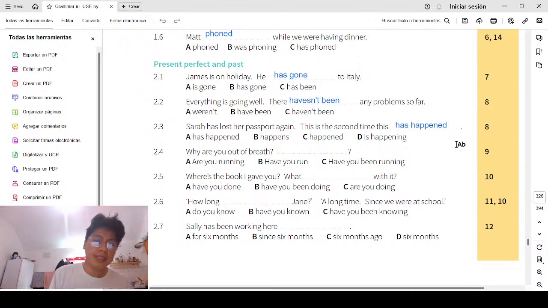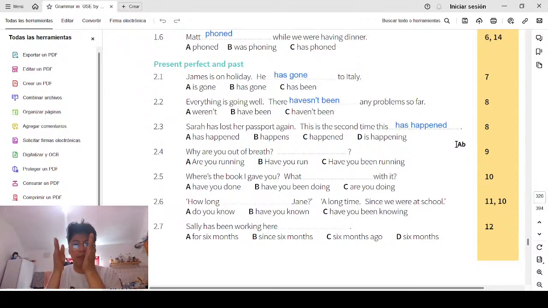So Sarah has lost her passport again. You're talking about the present perfect, right? This is the second time this has happened. Check it out. This is the second time. Basically, they're talking about the present.